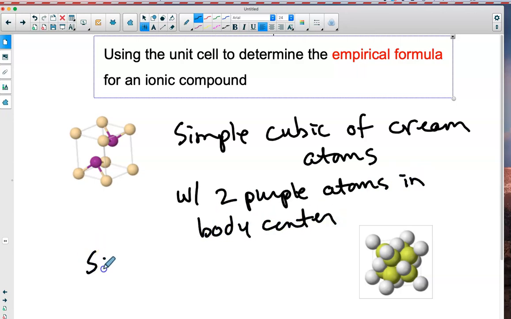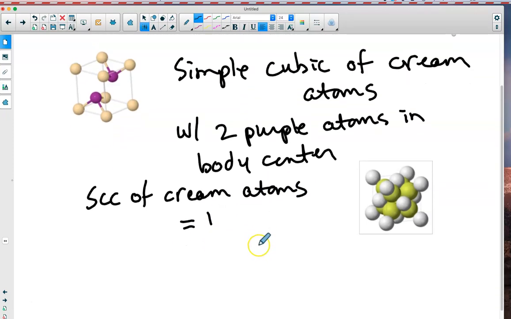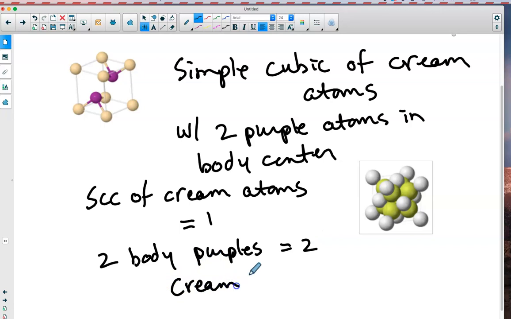So that simple cubic of the cream atoms gives us one of those, and the 2 body-centered purples gives me 2 of those. So if I make my formula, which is kind of weird, cream to purple, there's 1 cream, 2 purple. So I could say that's CP2 if I'm just abbreviating.